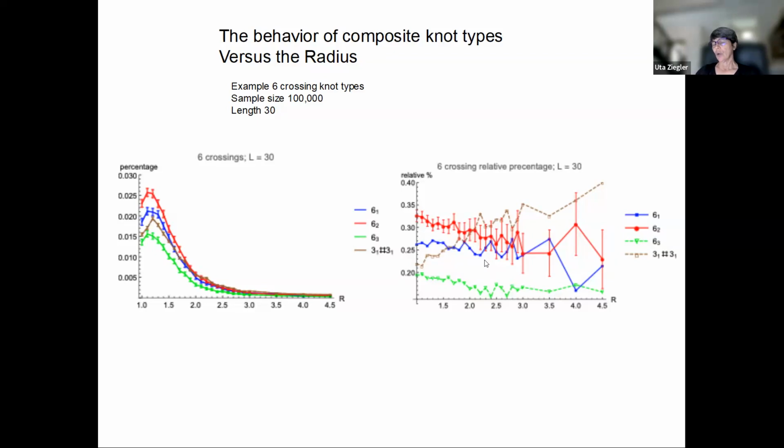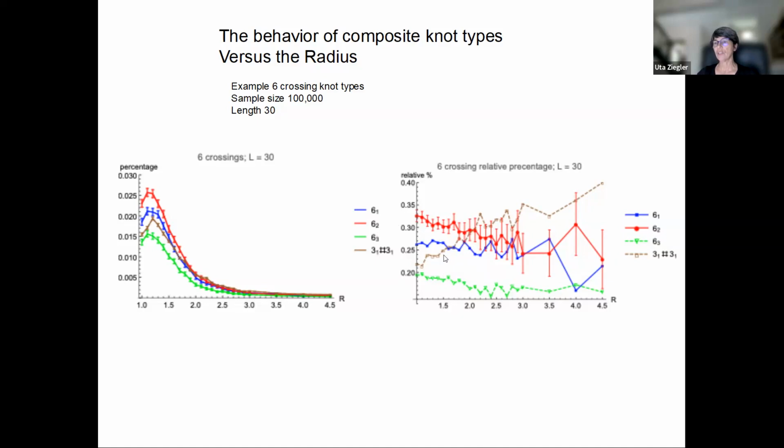The data here on the right side also has radius of confinement on the x-axis. But what we do here is ask, among all the 6-crossing knots we have for this R and L, how many of them percentage-wise are 6-3, how many are 6-2, and so on. So if we're looking at the values above 2 here, these 4 values add up to 1.